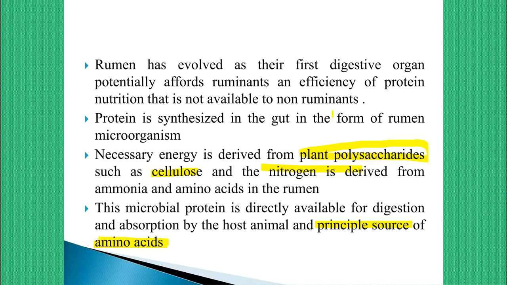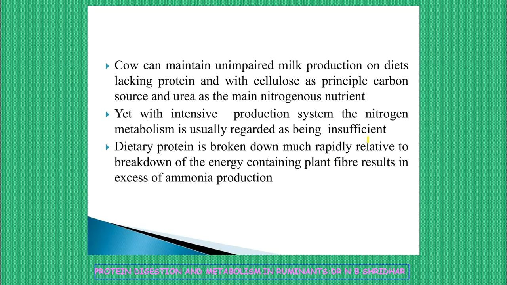So they do not require extra protein in toto, but whenever there are high protein needs, as in high milk yielding animals, then we need to give them exogenous proteins. A cow can maintain unimpaired milk production on diets lacking protein also.